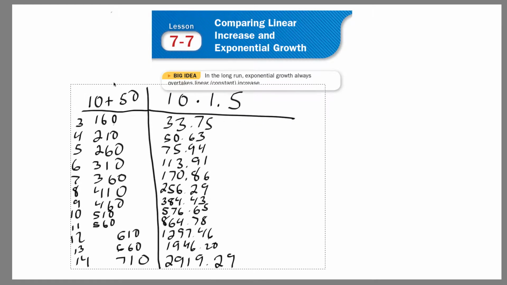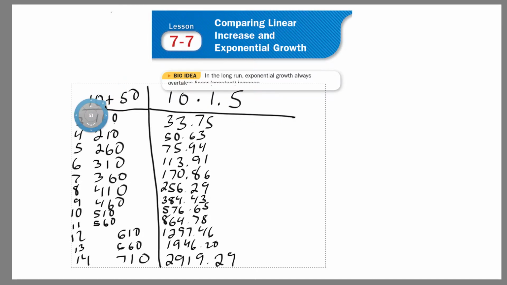So this is week 3, 4, 5, 6 out to 14. 10 plus 50 is the constant increase. And at 7 days, we get $360 for the 7 days and $170.86 for the percentage increase. So if it was only 1 week, the $50 is a lot better deal.